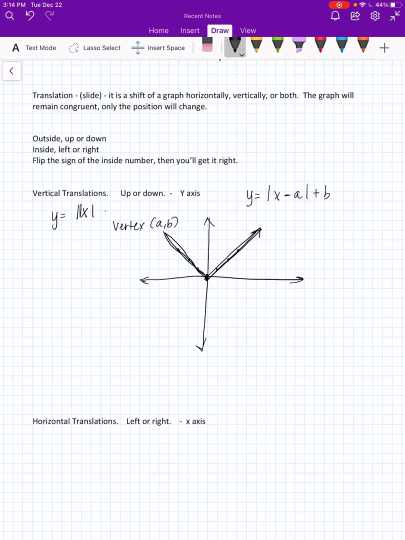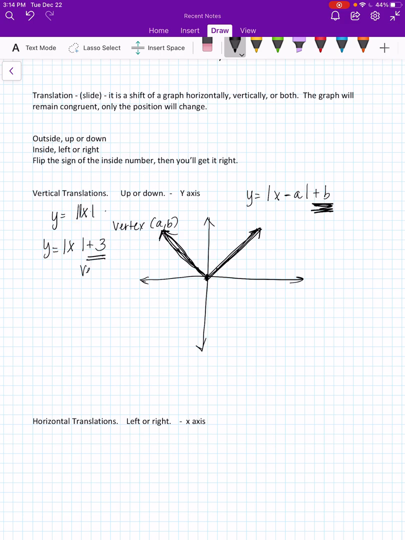Using what we did with function families, and of course I should have a straight edge, but I don't, sorry. Next, what if I had y equals the absolute value of x plus 3? Notice that on the outside I added a b, a plus 3.